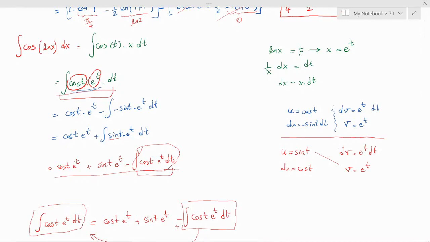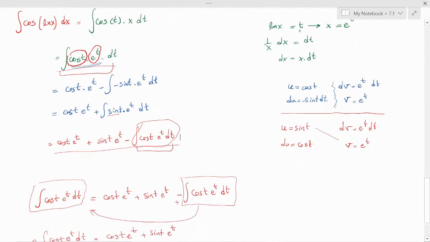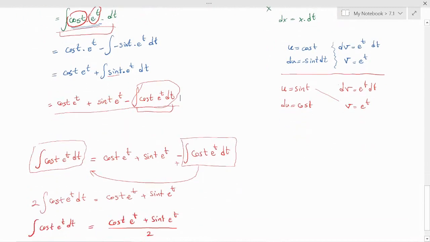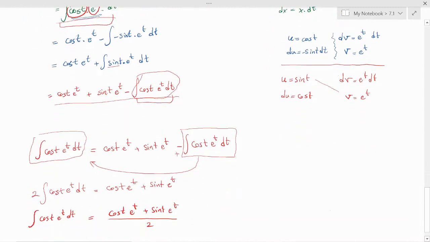If you're dealing with a product of a trigonometric function and an exponential, if you do the integration by parts twice, then you will go back to the same term. And the technique is always to do this: write them equal to each other, solve for that integral, and at the end, you can figure out the integral by itself. So we figured out this is the integral.